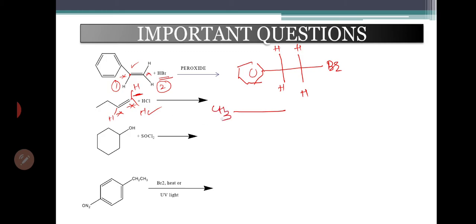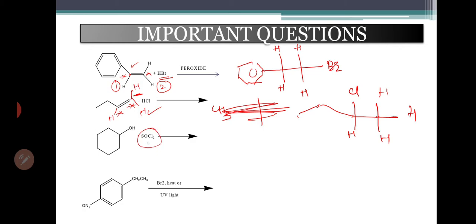Then Cl will add to this carbon and hydrogen here. So this is the product that you are going to get. 1, 2, 3, 4, so 2-chlorobutane.